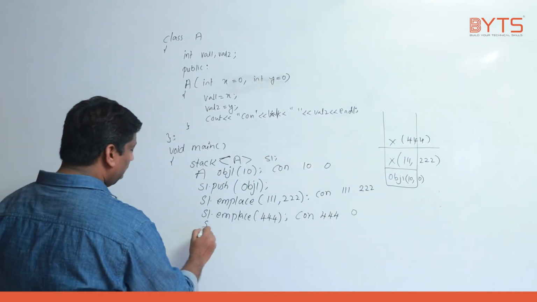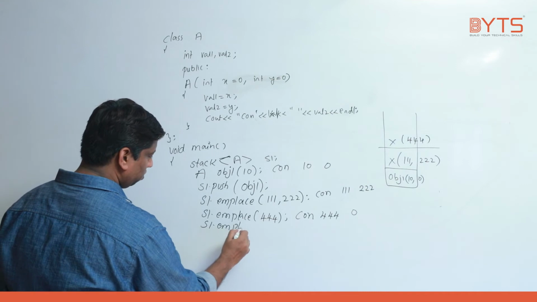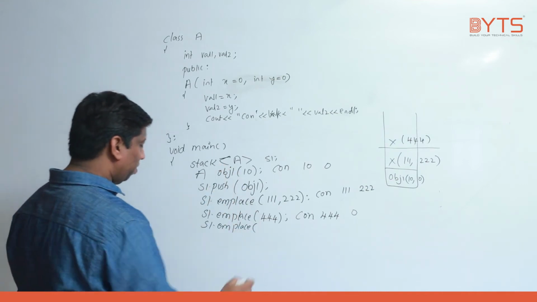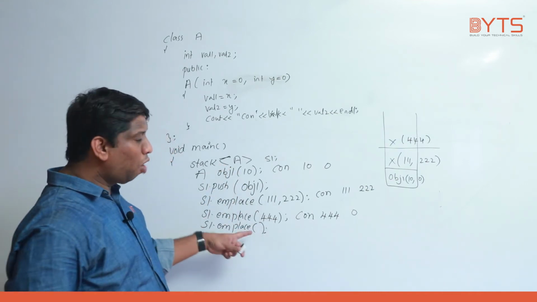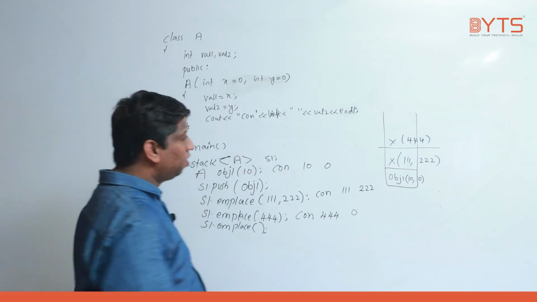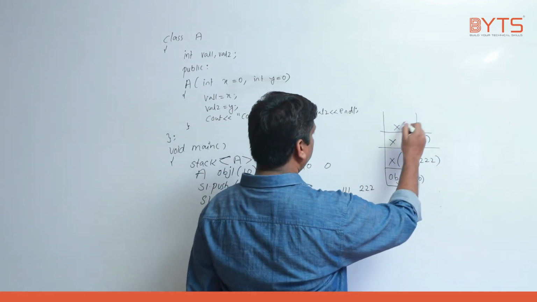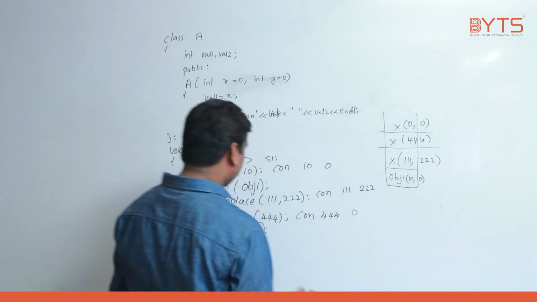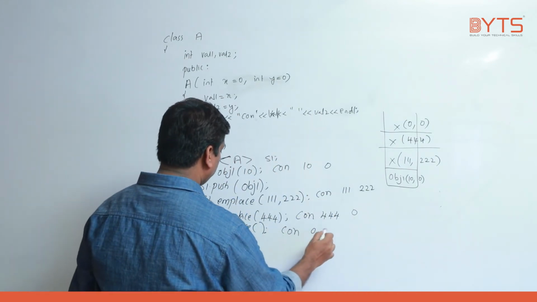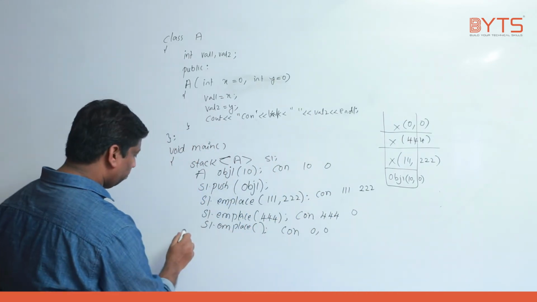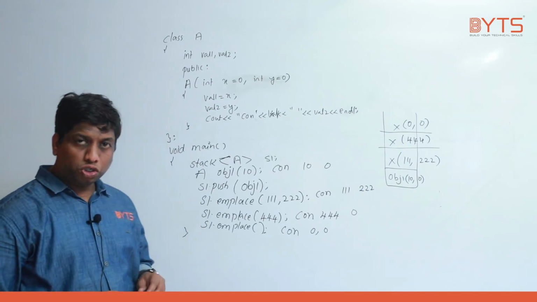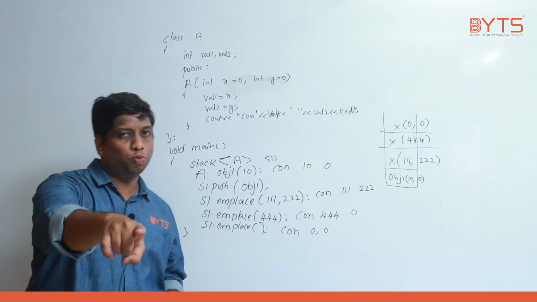Now what I'll do? I'll write s1.emplace(). Now see, I am not passing any argument, but still it can be accepted. So what happens here? The object is created with 0, 0. So another object is created with 0, 0. So understand, very important point. If you are using push, you should first create the object and then push the object.